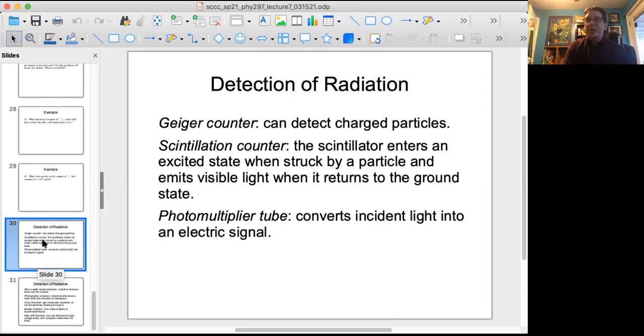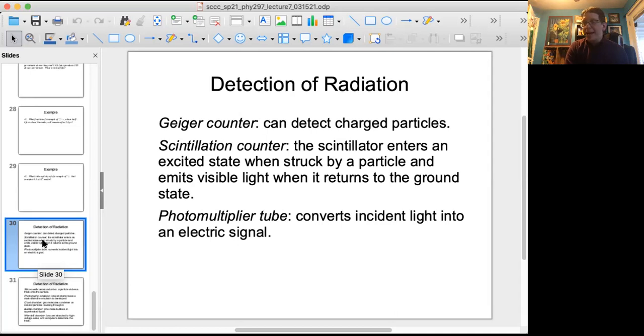You can also use what's called a scintillation counter, where the scintillator enters an excited state when struck by a particle and then emits visible light when it returns to the ground state. So if your scintillator starts to glow, you're in the presence of radioactivity.